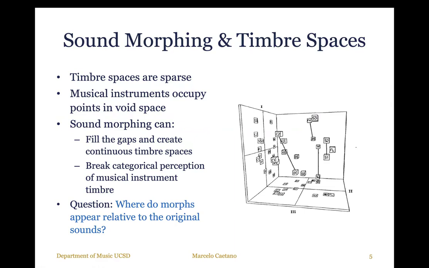So sound morphing can potentially fill the gaps and create continuous timbre spaces. But even more importantly, if we are able to place a morph perceptually halfway between source and target sounds, it would break the categorical perception of musical instrument timbre. So the question behind this research is, where do the morphs appear relative to the original sounds in their underlying timbre space?